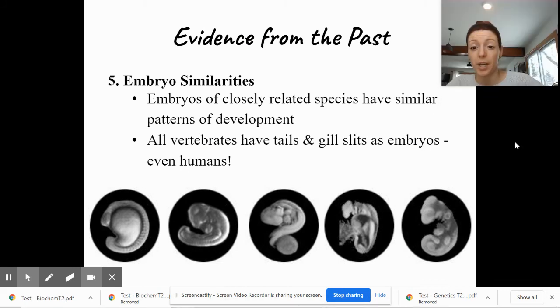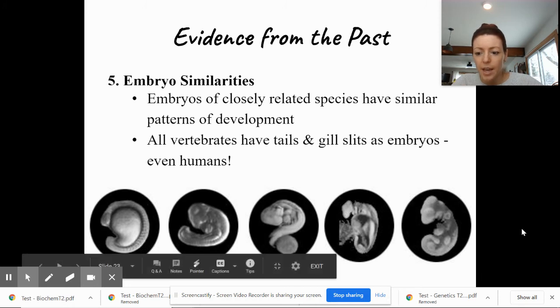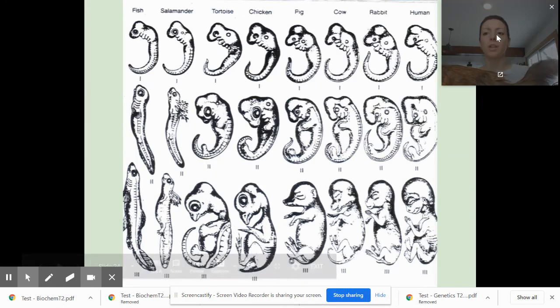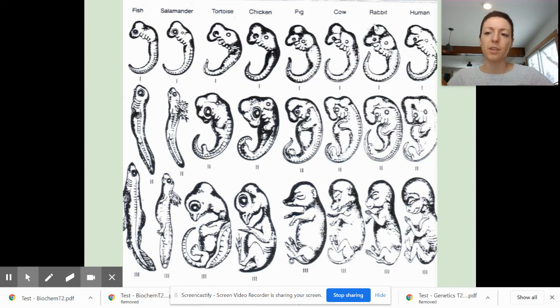This is cool stuff, you guys. So we'll come back to this slide, but I want to show you here. So if you weren't looking at the top, well, in class we have this all fancy where you can cover it up and you don't see the names in the top. Try to pick up the human. I mean, look at how similar all of those are. I just think that's crazy. It blows my mind. Fish, salamander, tortoise.